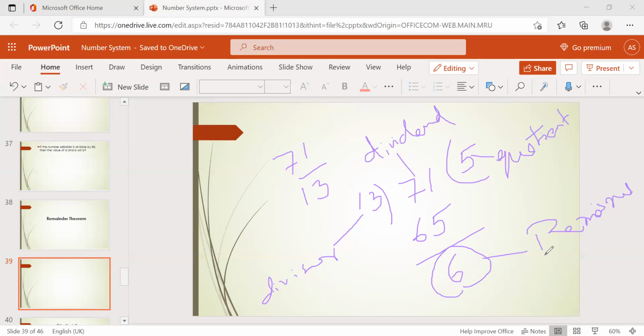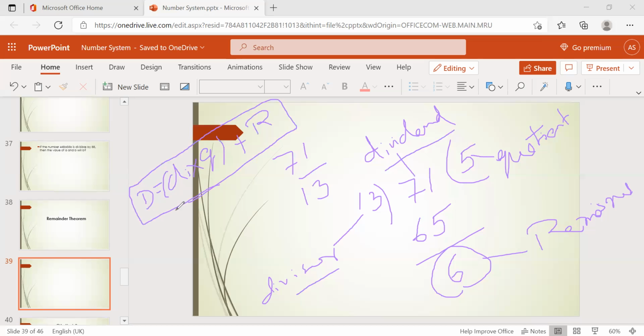It's a basic concept, every student will know this. Now, the dividend is nothing but divisor into quotient plus remainder. So dividend equals divisor times quotient plus remainder. This is the basic thing.